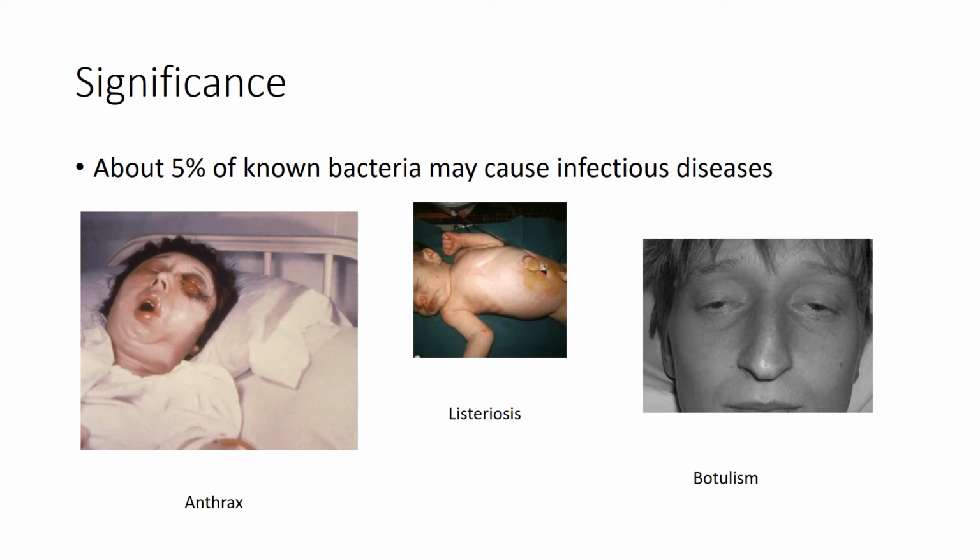So it's like a combination between gangrene and brain swelling. Very difficult to treat. These patients need massive doses of antibiotics, and even with these massive doses of antibiotics, mortality of anthrax is still pretty high.